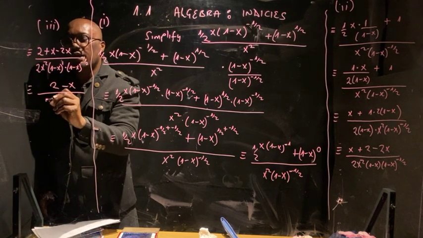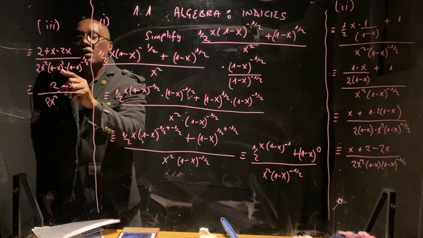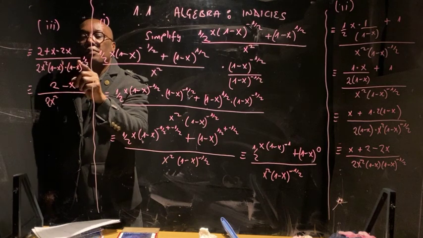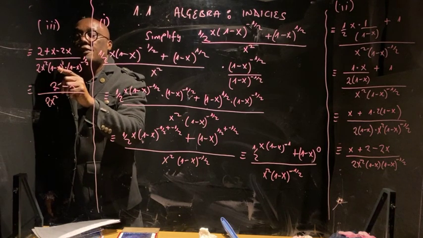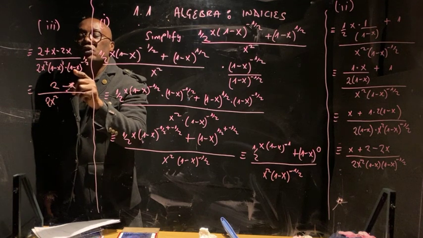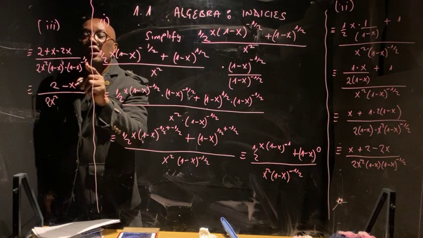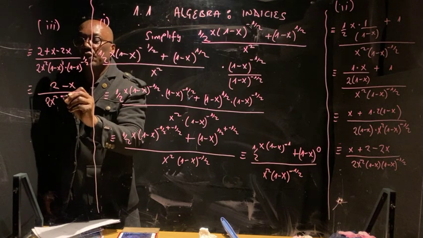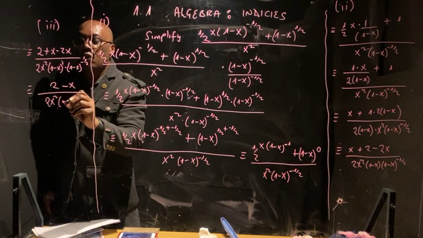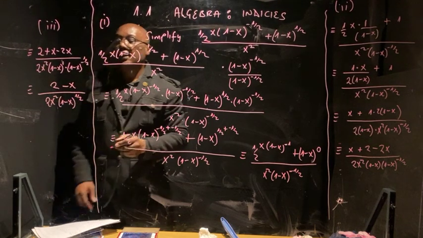Then you have 2x squared. This is identical to this, so you apply law 1. That says 1 plus minus half is equal to half. So it becomes 1 minus x raised to the power half. That is the answer.